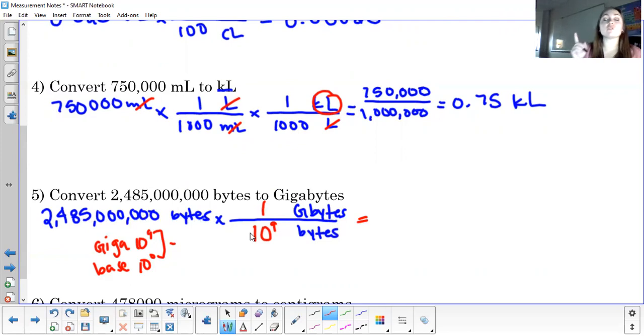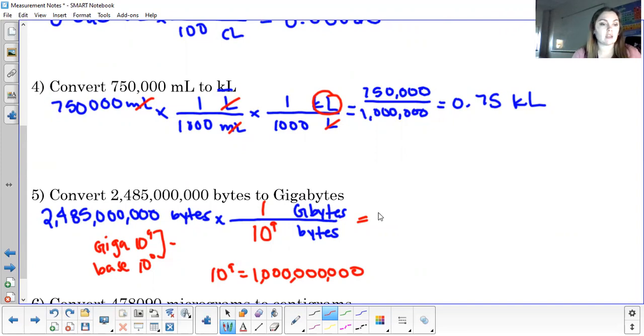So if you don't know how exponents work on your calculator, that's okay. 10 to the 9th is the same thing as 10 with 9 zeros after it. Thank you, scientific notation practice that you guys definitely did. So we're going to do 2,485,000,000 divided by 1 billion.